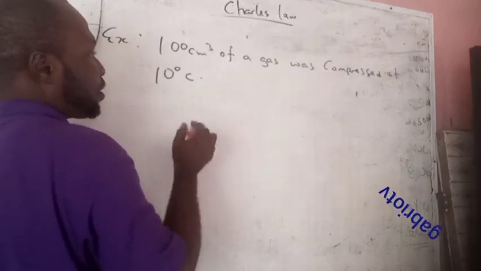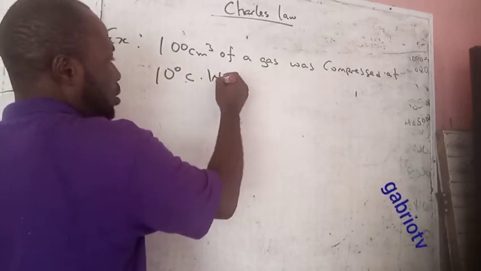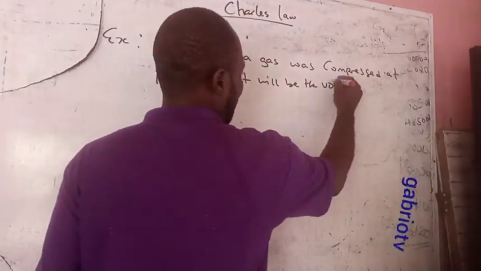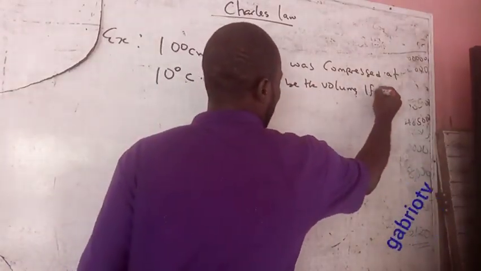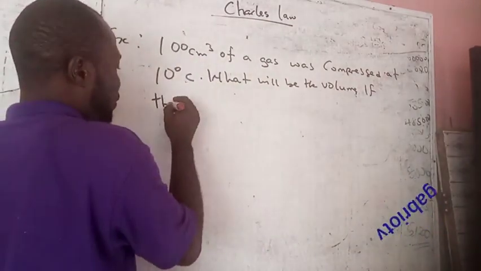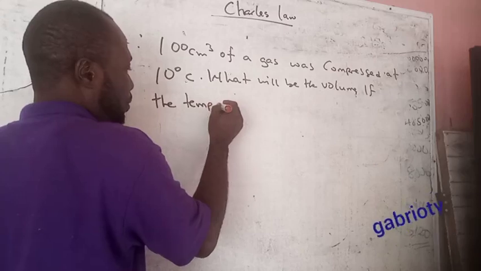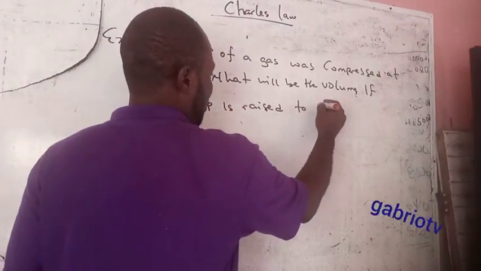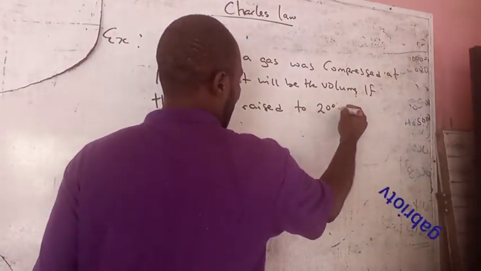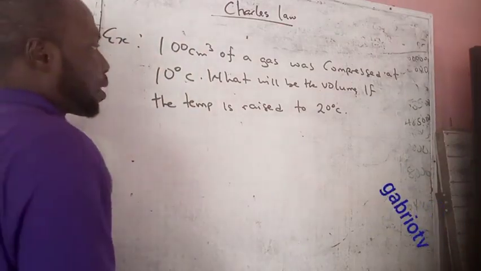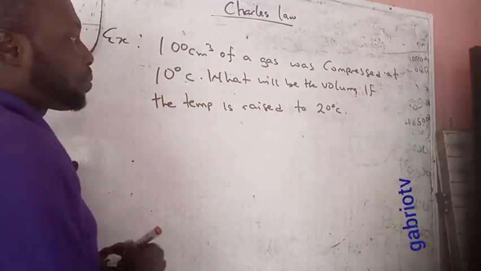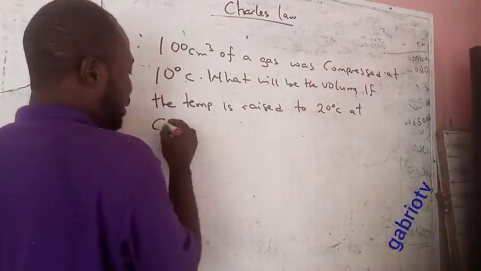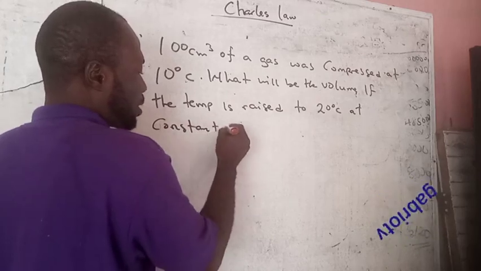Then you now say, what will be the volume if the temperature is raised to 20 degrees Celsius? So this is a typical example, and sometimes it is used at constant pressure.